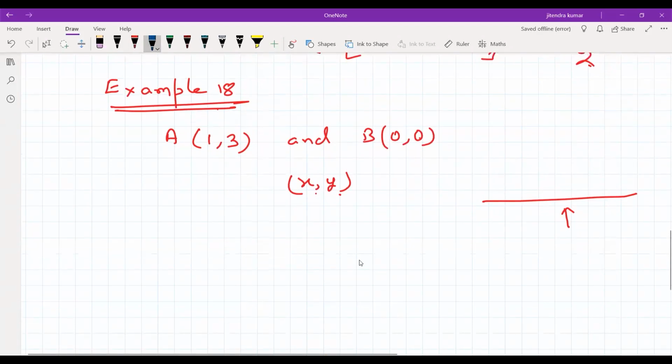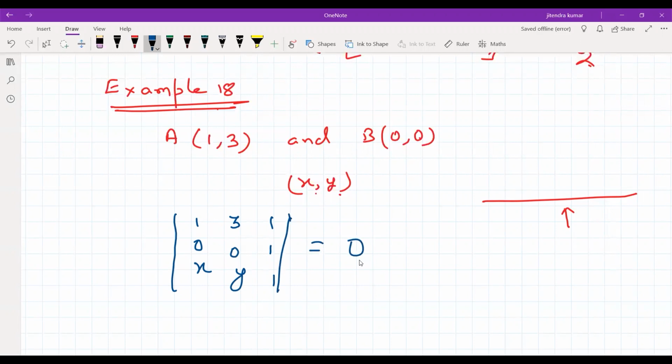I mean here 1, 0, x, then 3, 0, y, and 1, 1, 1. The area of this determinant should be 0. Why? Because all 3 points lie on the same line.